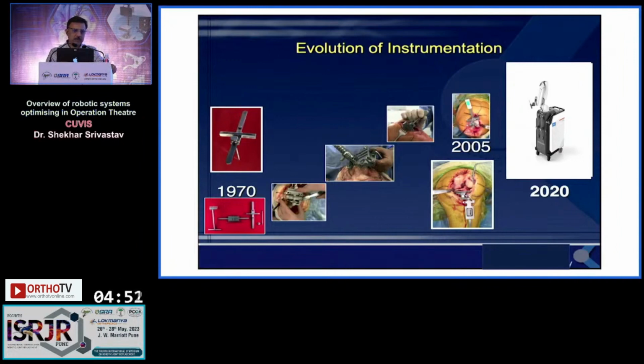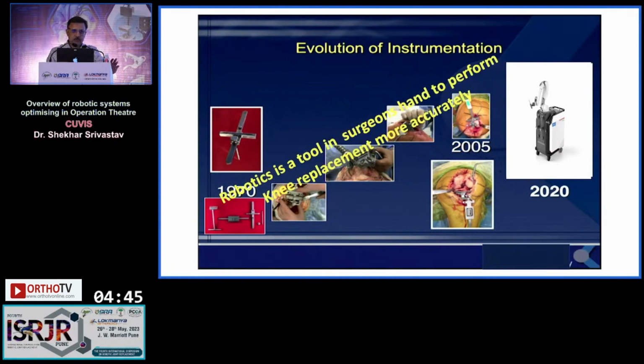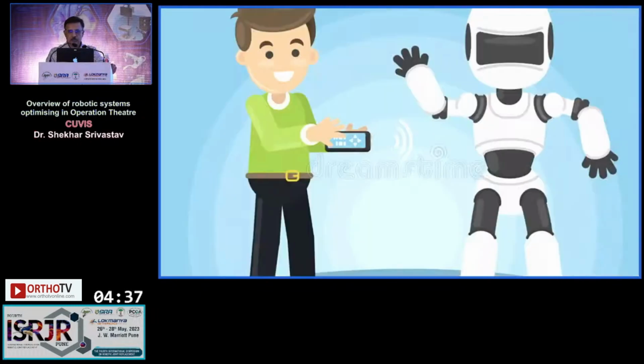Whether you believe in mechanical alignment, restrictive kinematic alignment or anything, whether you believe in tight joint, loose joint, whatever you believe in, the robot helps you to perform that. So you must know your robot properly to get the best out of it. All the robots have all the features, but it's up to the surgeon how to utilize it properly.